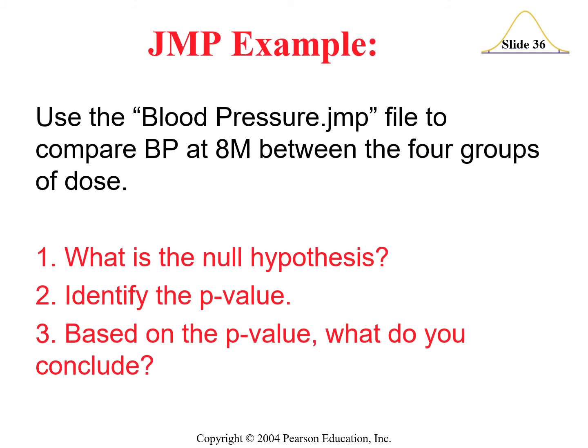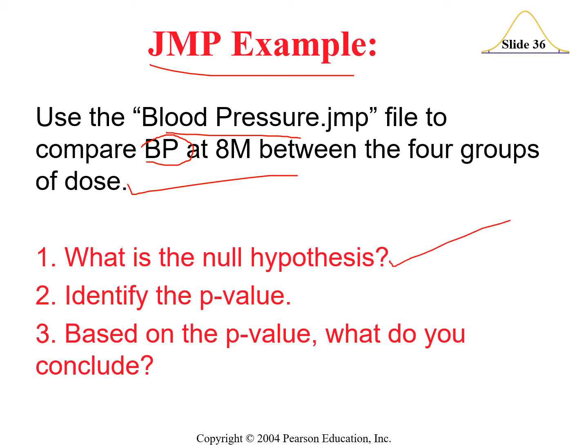Using JMP also, we have a sample of blood pressure. We are going to compare blood pressure between 4 groups. So we have 4 treatments, 4 groups, 4 samples, and the objective is to compare blood pressure between the 4 groups.